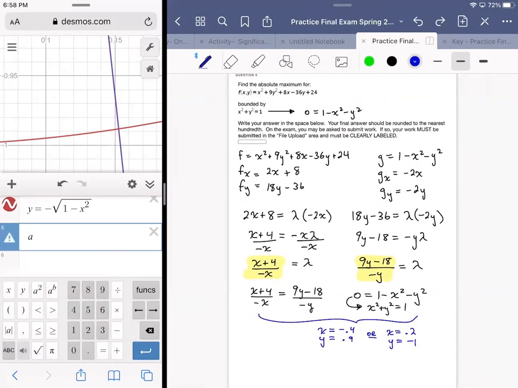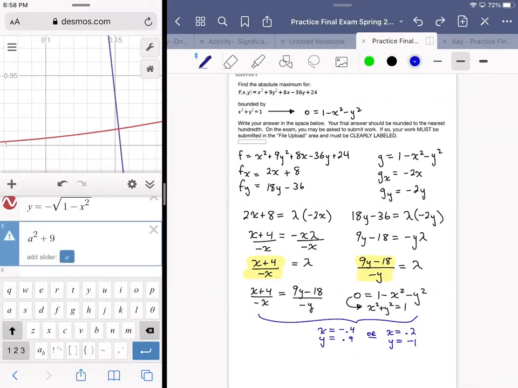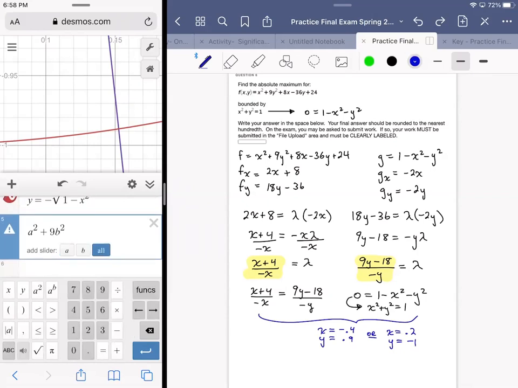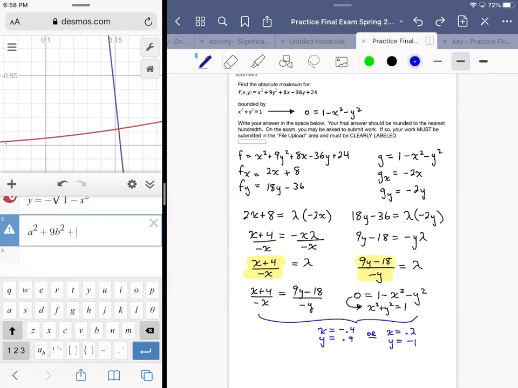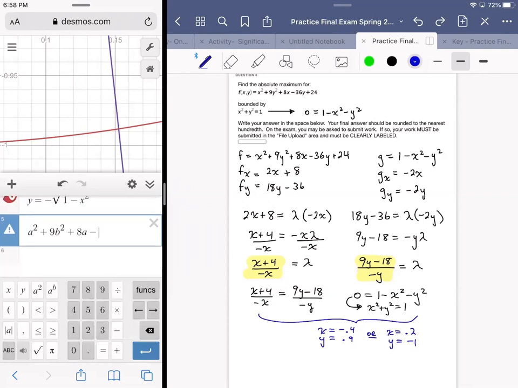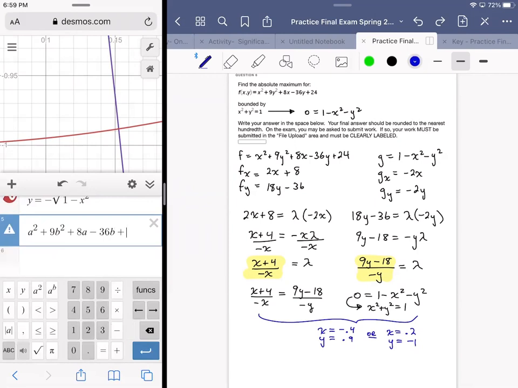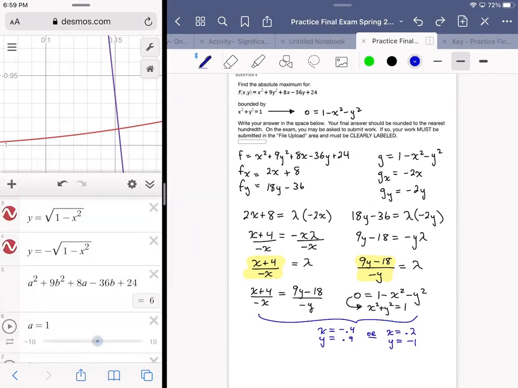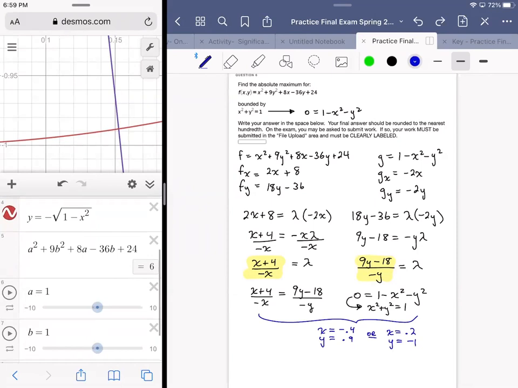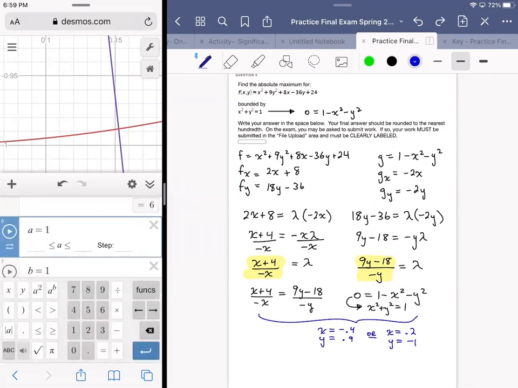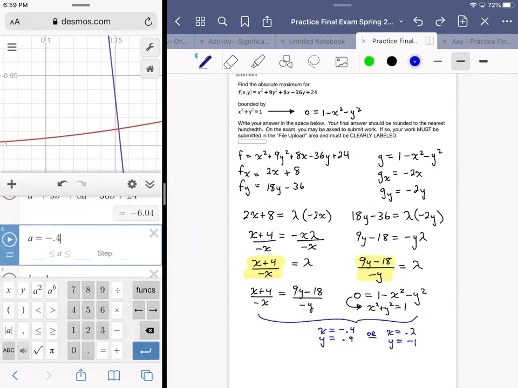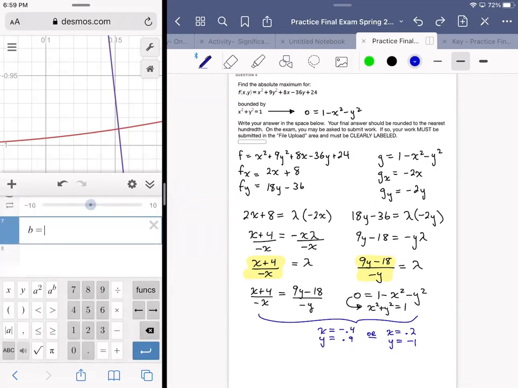So a squared plus 9b squared plus 8a minus 36b plus 24, create some sliders here. Make sure I typed it in the right way. Looks good. So I'm going to make my a value negative 0.4, and my b value 0.9.